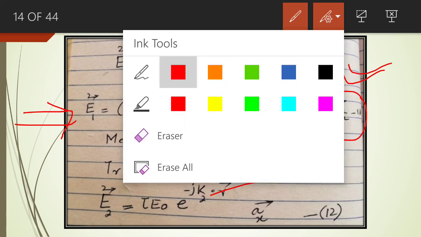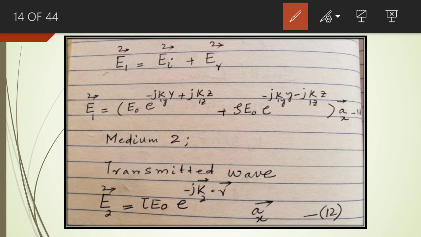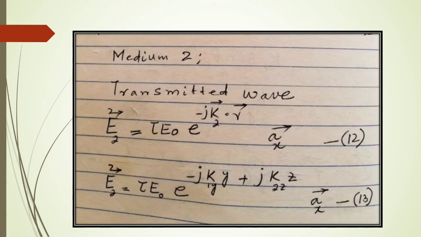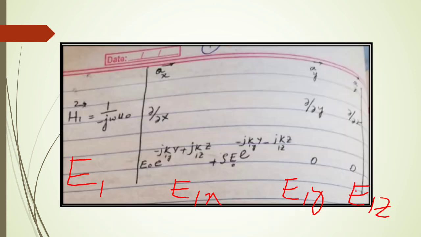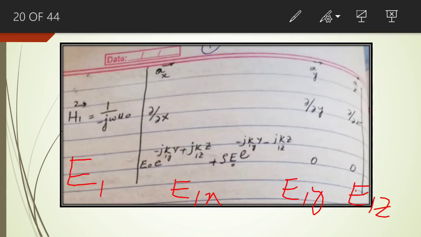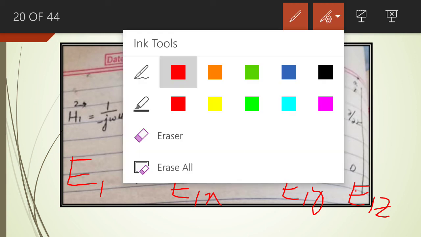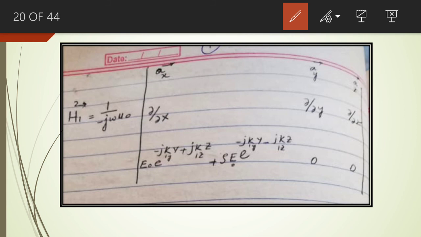So let us go back to this determinant. We calculate H1. So you see there is only one component of E1. Here is the x component of E1.